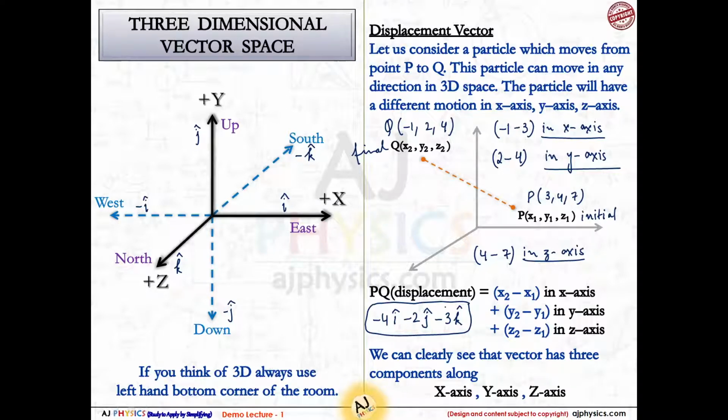Alright, so from here, why is this important? Because whenever we discuss the problems related with physics, we might discuss those problems in 2 dimensions. And discussing 2 dimensions and 3 dimensions will always require direction. That is the basic of a vector, which we are going to discuss now. A vector is a quantity which is having magnitude as well as direction.